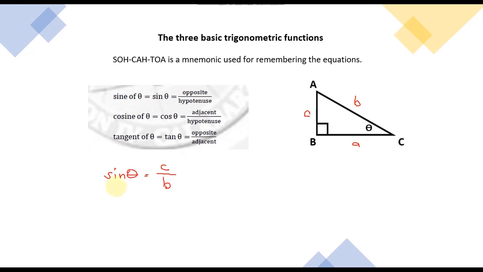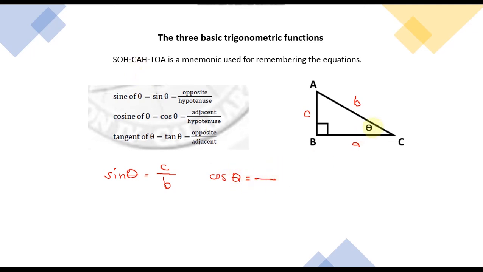So this is your sine theta equals C over B. And if you want to apply cosine theta, we can also have cosine theta equals, again using the mnemonic CAH, cosine stands for adjacent over hypotenuse. So I need to look for the adjacent side first.